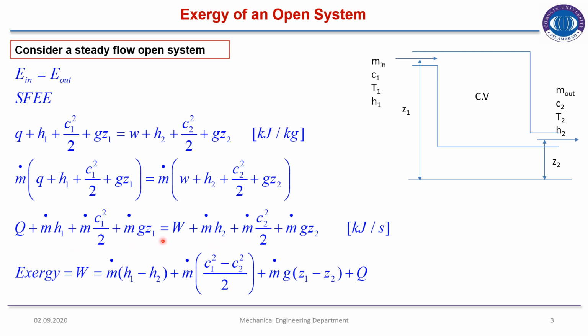The entire unit for this equation is kilojoule per second or kilowatts. Joule per second is the watt, so either it's kilojoule per second or kilowatts.